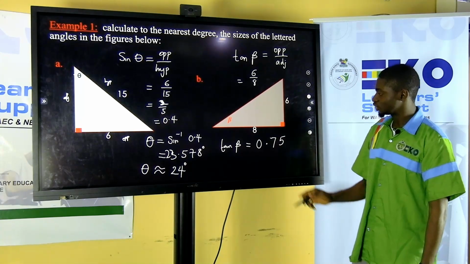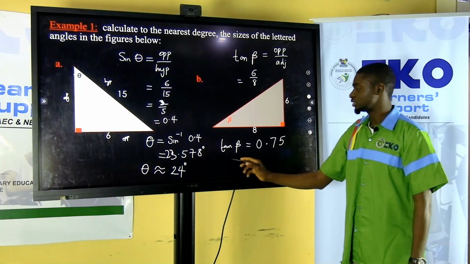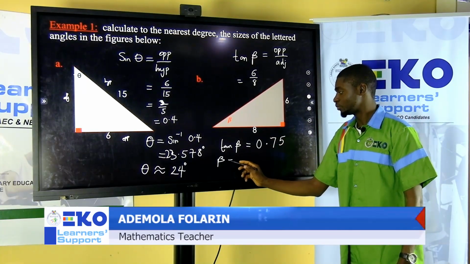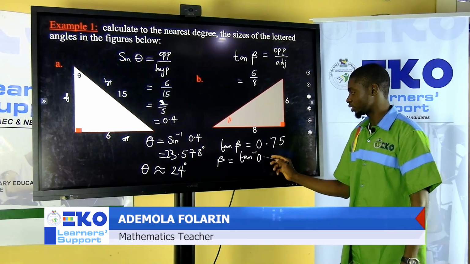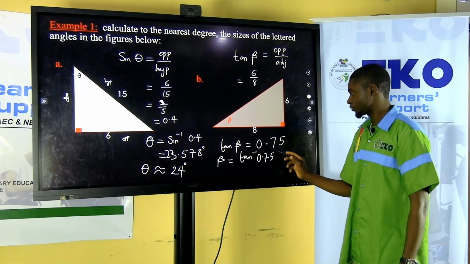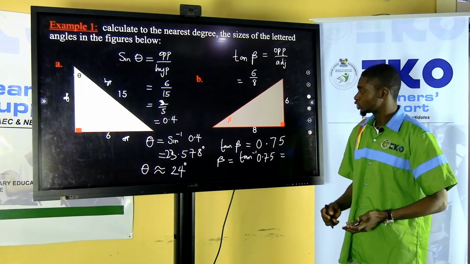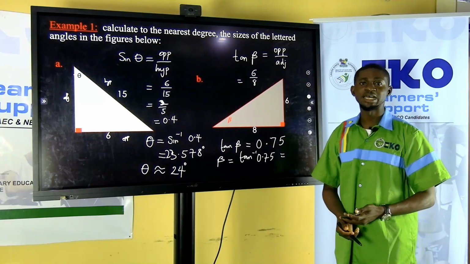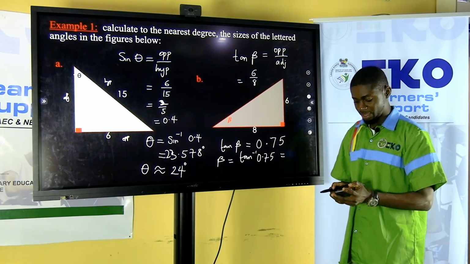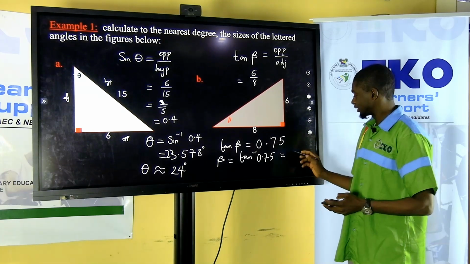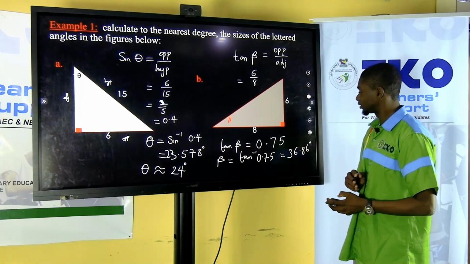But our interest is to find the angle beta itself. So we take the tan inverse of this. That means beta will be equal to tan inverse of 0.75, which, if we use our scientific calculator, pressing shift then tan, 0.75, gives us 36.86 degrees.